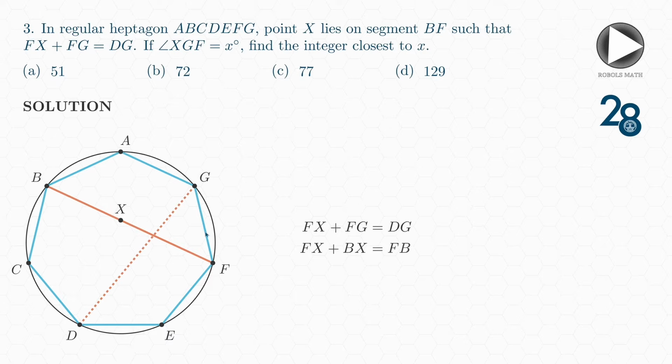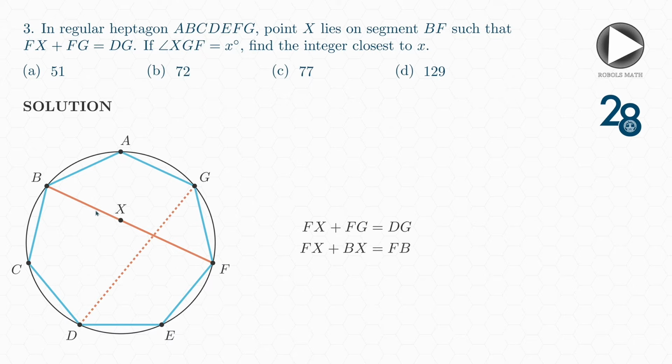So again, that's FX plus BX is equal to FB. Still, that alone does not help us solve the problem until we realize that FB and DG must be congruent.